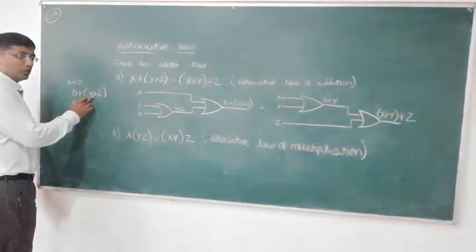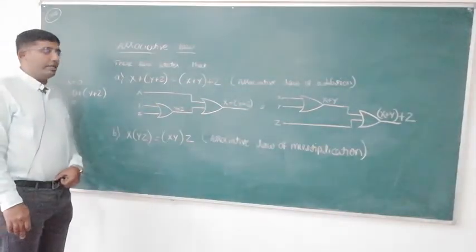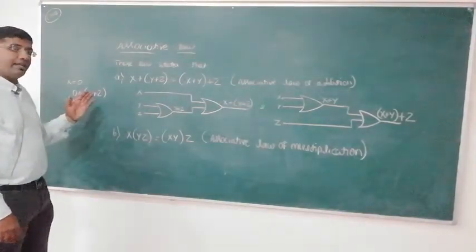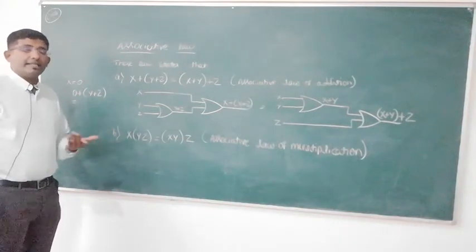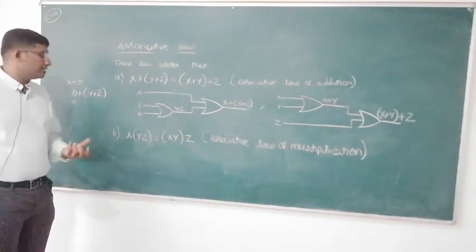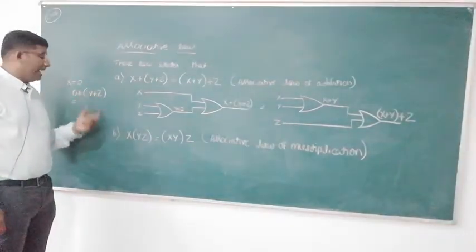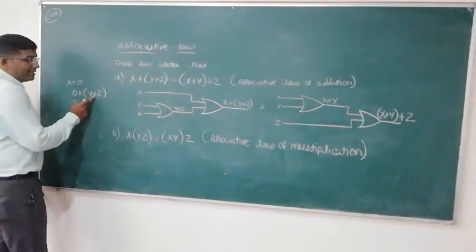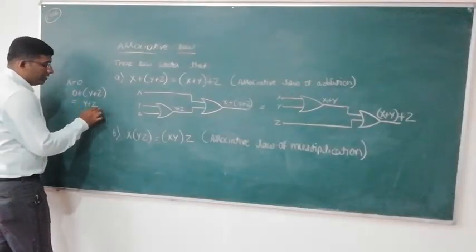By the properties of zeros and ones, the first law in Boolean algebra we have discussed, x plus 0 is equal to x, or 0 plus x is equal to x, it completely depends on the x value. In the same way, we are considering y plus z as x here, 0 plus x, that is we are remaining with y plus z itself.